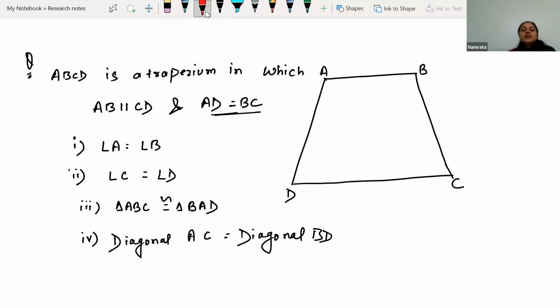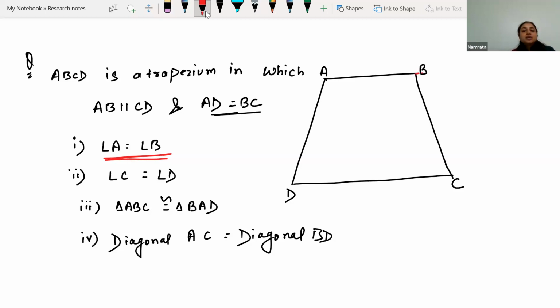So what we are going to do here, we are going to do at first one construction. To prove that angle A is equal to angle B, we need to do one construction over here. Whenever one figure is given, and if we want to do any construction to prove whatever is asked in the theorem, then we are free to go ahead and do the construction.